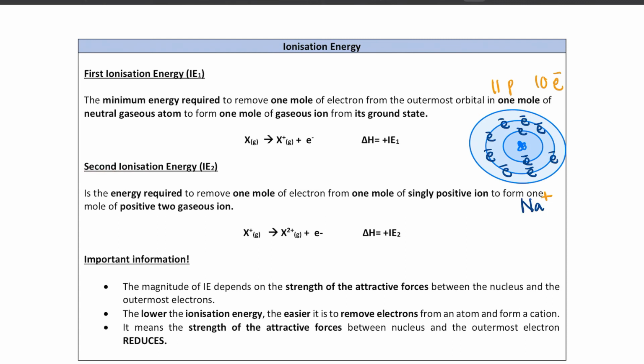Itulah yang kita panggil second ionization energy. That means second electron yang kita nak remove daripada sodium ion lah, singly positive ion. And bila kita remove electron from this Na+, dia akan jadi Na2+ lah. So dia akan jadi positive 2 gaseous ion.